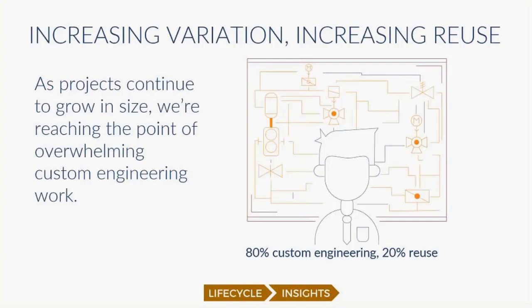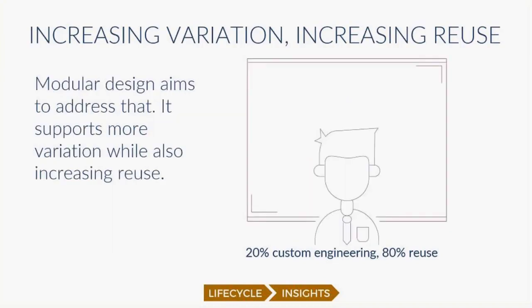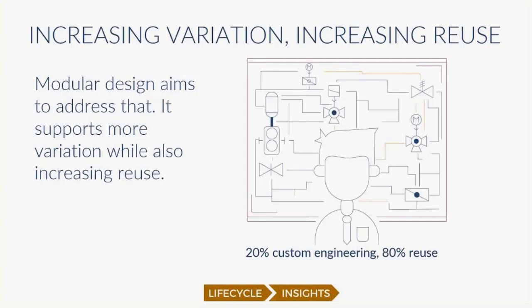So one of the motivations to move to a modular platform from a design perspective is to change that mix. Right? So the idea is instead to have a little bit of custom design work, and have a lot of reuse. Right? So moving to a modular platform lets you do that. It lets you reuse a lot of design work.